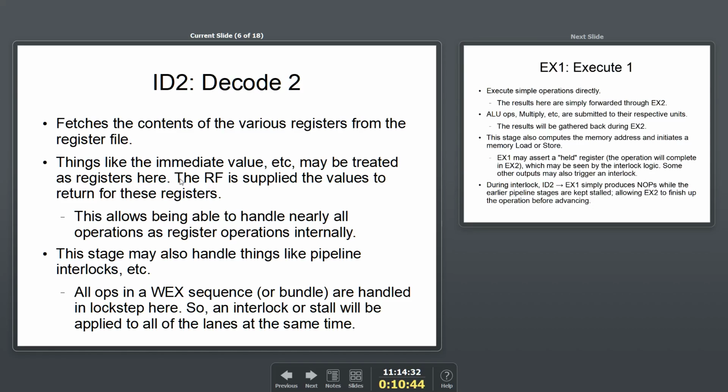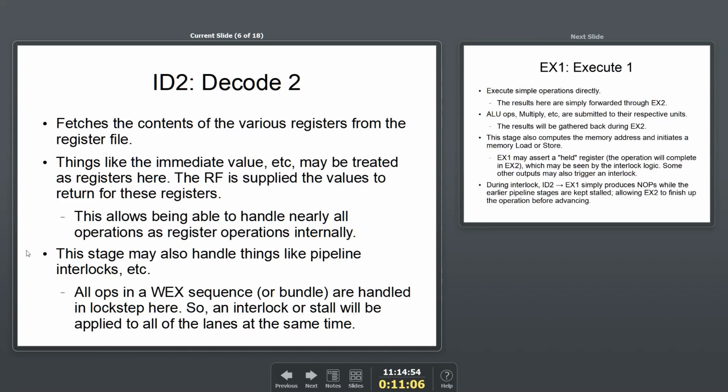In this case, the decoder supplies a pseudo register, such as telling it to fetch the immediate or the current PC or other things, and the register file logic basically returns that as if it were being read from a register.